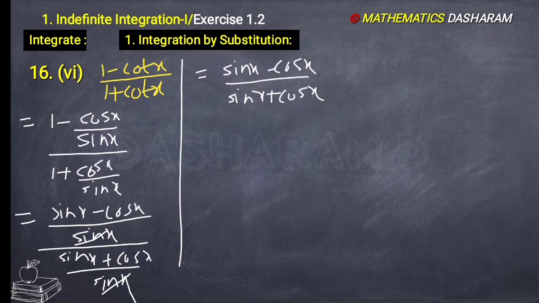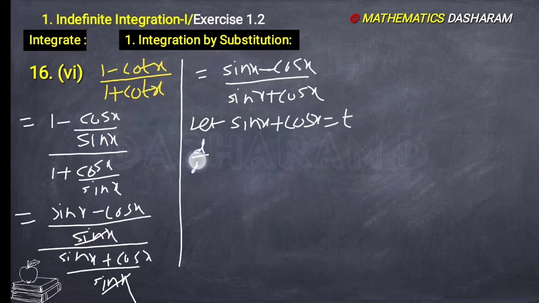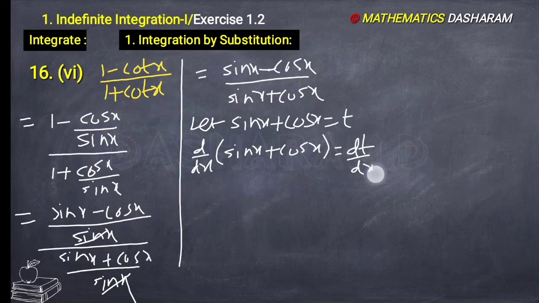So let's select the denominator sin x plus cos x equals to t. Next, do the derivative on both sides with respect to x. So sin x plus cos x equals t, and dt by dx. The derivative of sin x is cos x and the derivative of cos x is minus sin x.